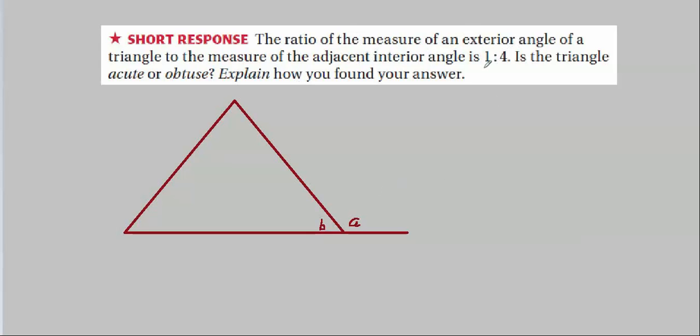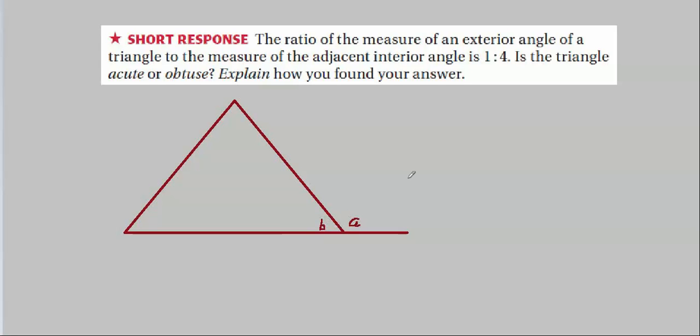Well, if we set this right algebraically, we should have, remember, A and B have to add up to 180. This is a straight angle. A would be your exterior angle, and B is the adjacent interior angle. These two together form a straight angle, so they add up to 180.